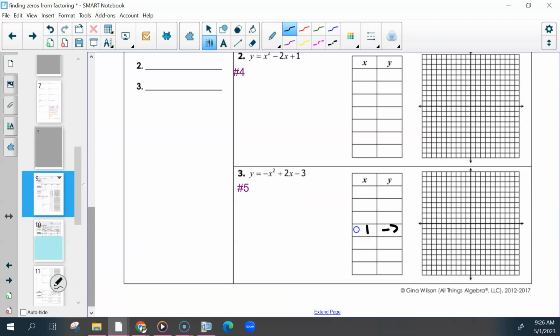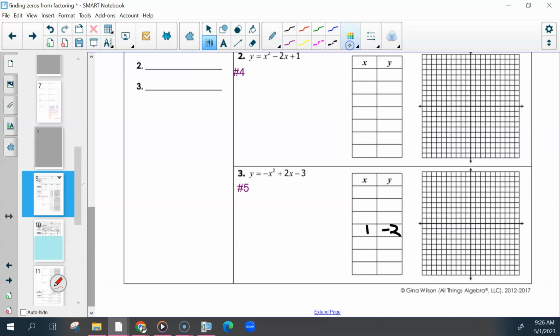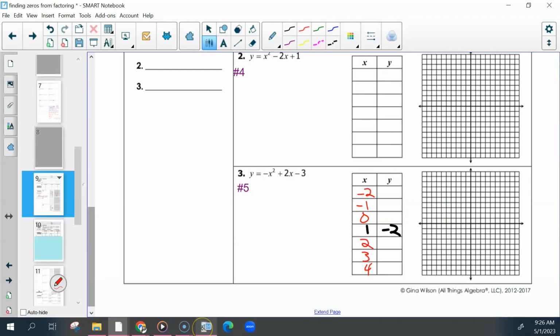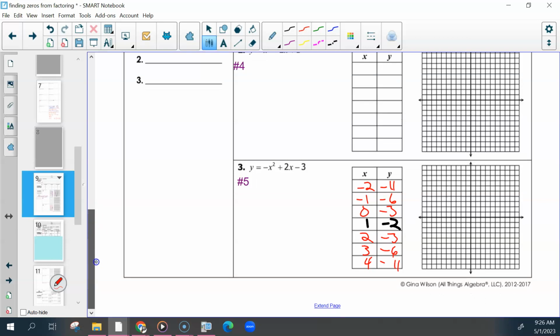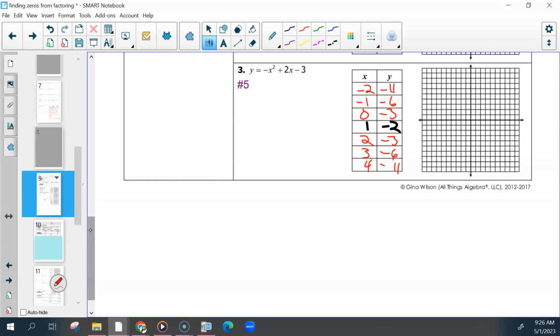1, negative, there we go. Negative 6, negative 11. If you want to plot the 11s, you can, but it's going to be off the graph.